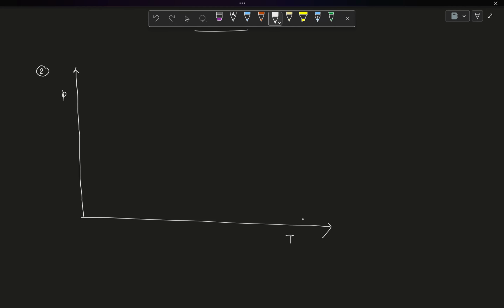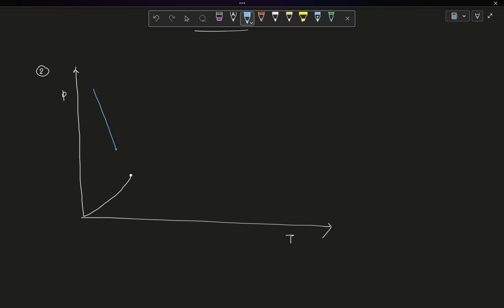Now there are three main phases, right? Solid, liquid and vapor. First let me draw the sublimation curve. This will go from the origin like this up to here. Now it will branch out. You can also find this in any textbook or lecture material. This is very common and standard. Now the fusion curve I will draw in blue.